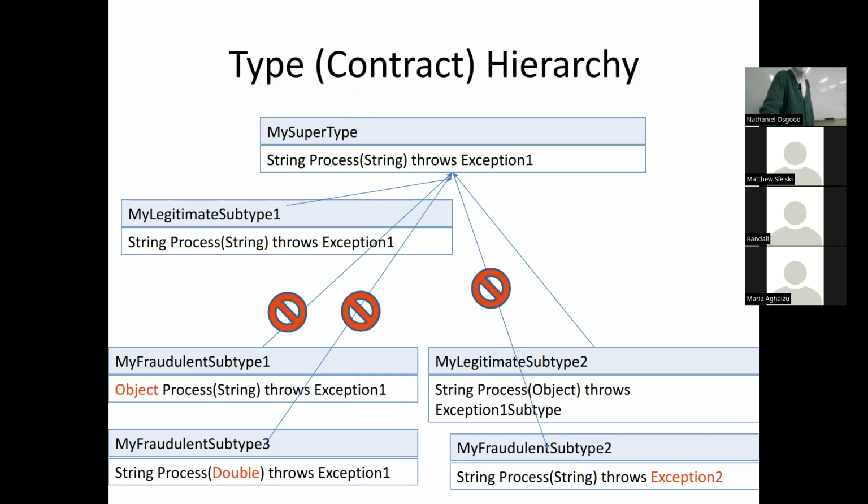Okay. So here, if I have a supertype and I have process string, it throws an exception 1. It returns a string. A subtype that's perfectly legitimate could implement that same method with exactly the same exceptions being thrown in its declaration, exactly the same return value and parameters.